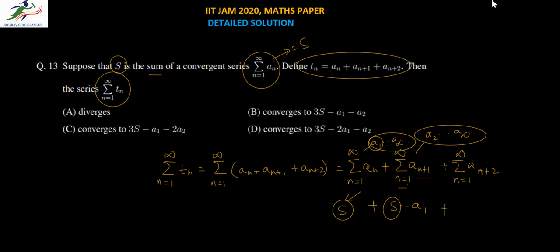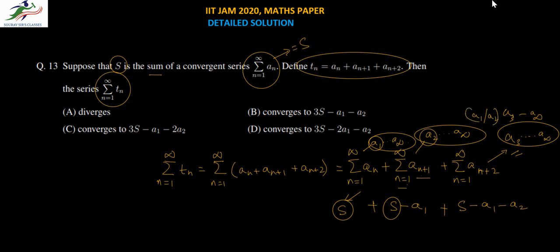And similarly, the third one will run from a3 all the way to a infinity. So this will mean that this is S minus a1 minus a2, because it starts from a3, so it doesn't have the terms a1 and a2. It has all the other terms from a3 to a infinity except a1 and a2.